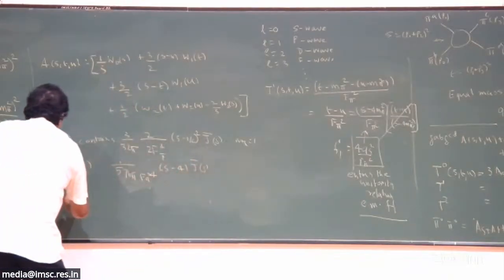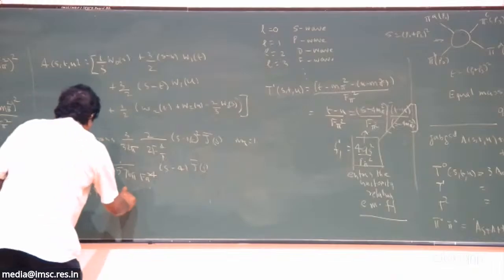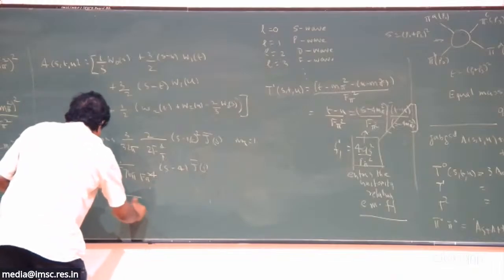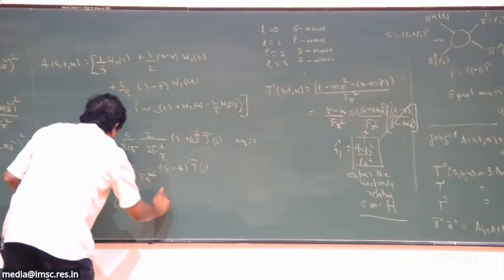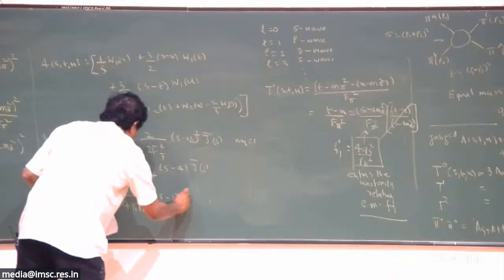And W2 of S contains 1 by 64 pi, F pi to the 4, S minus 2, J bar of S.